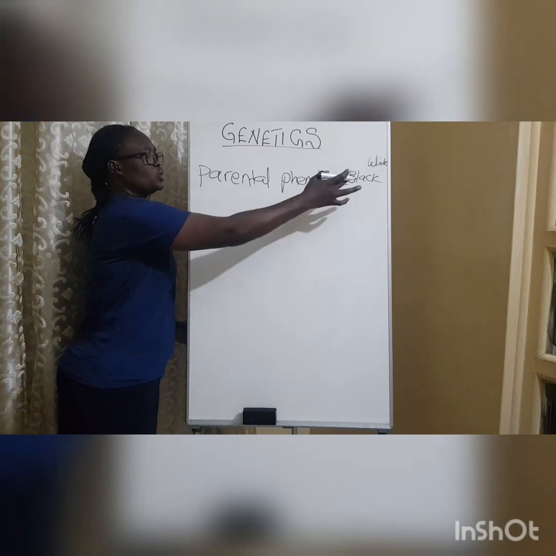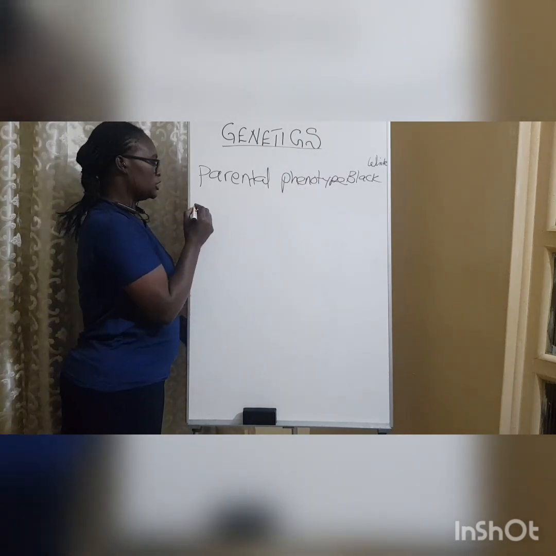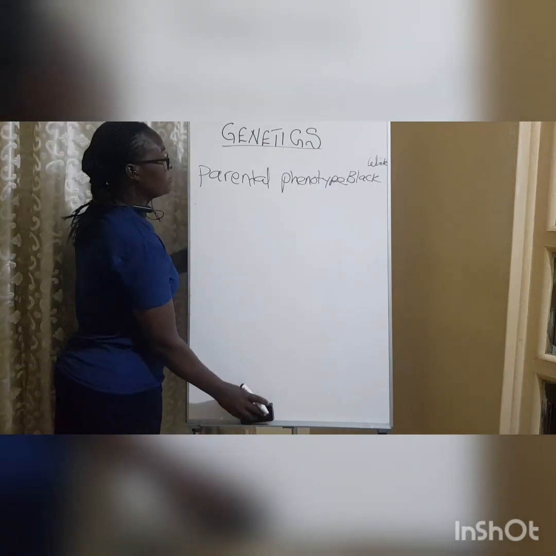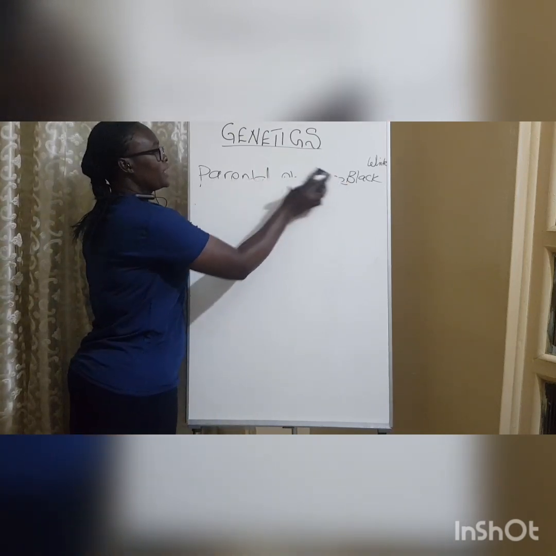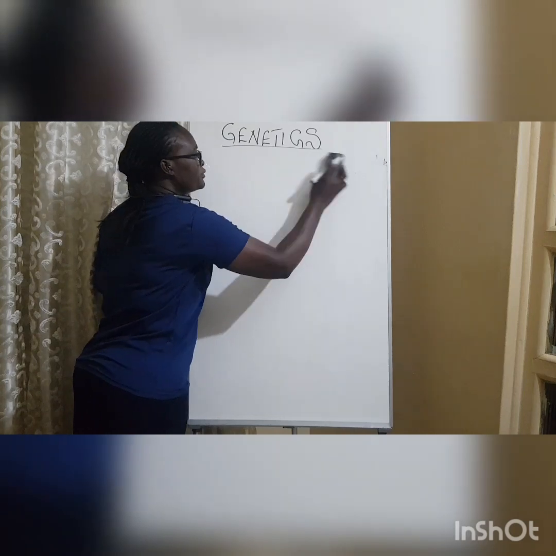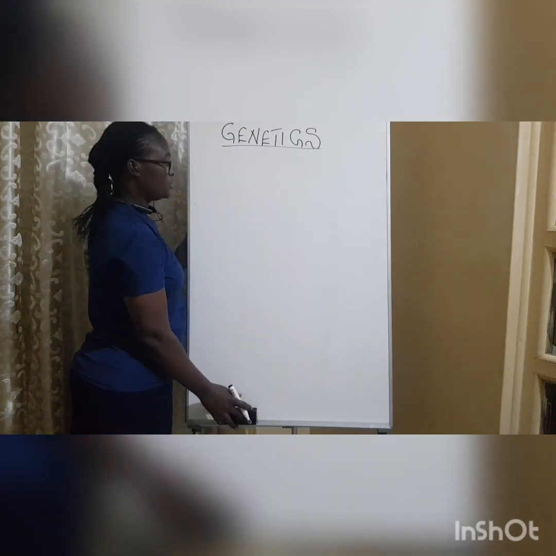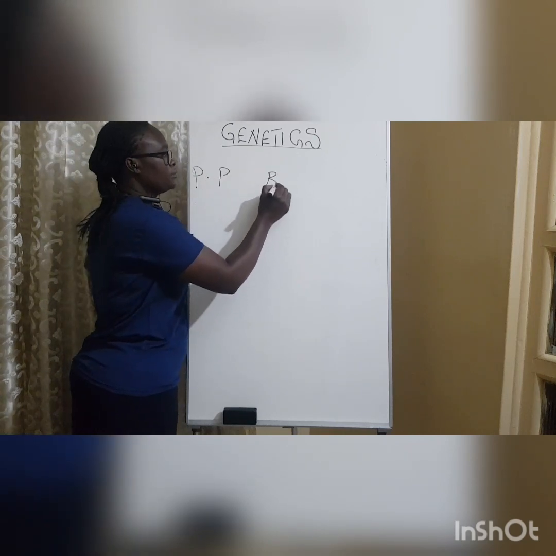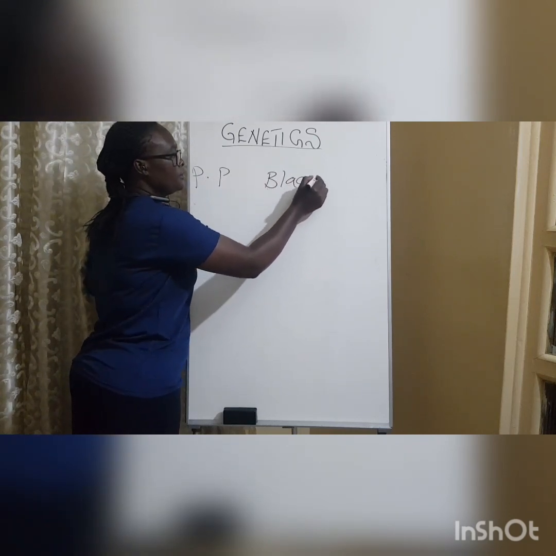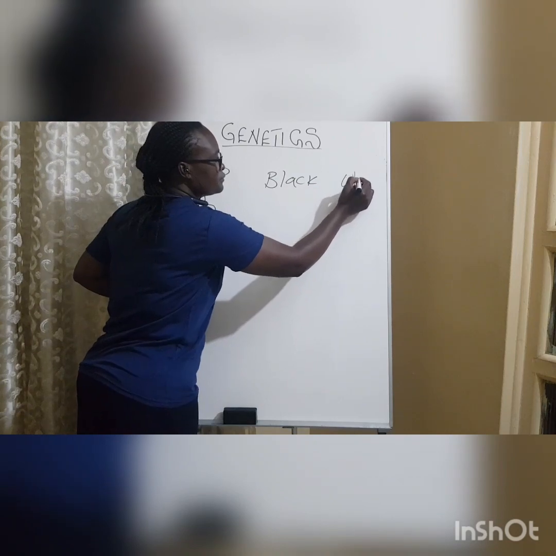So maybe because we need this, I'm going to rub this and write PP. So we know that it's parental phenotype for the first step. So I write PP so that I can write black here and white there.